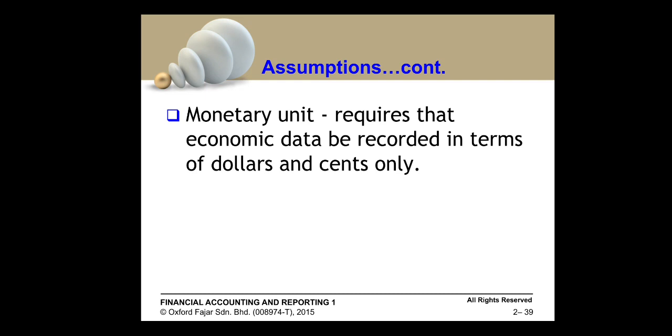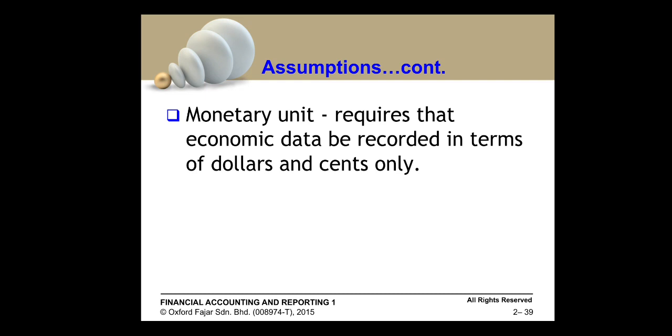Monetary unit. So monetary unit assumptions says something like this. In accounting, when you record business transaction, you record things that can be expressed in terms of dollar and cents only.